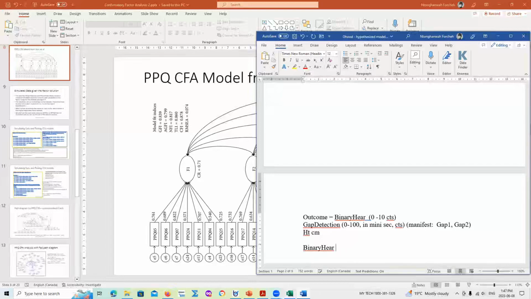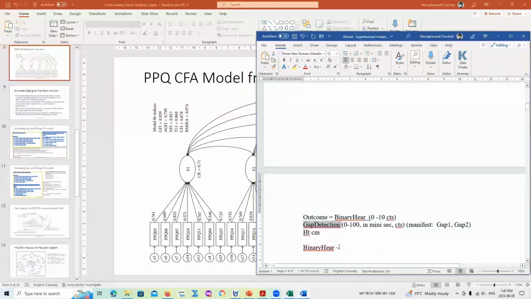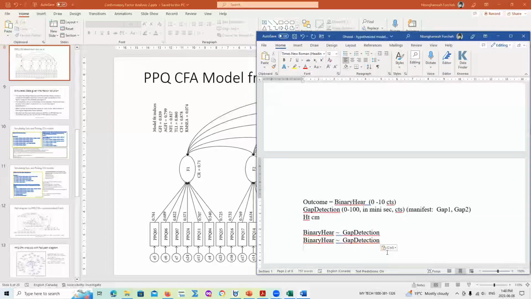I'm doing a regression, so I'm going to predict it on gap detection. I'm using the paths, and that's why I see each path. Otherwise we would have written the model that way, but I'm not writing it that way. I want to see each direct relationship. So I want to put height in as well.